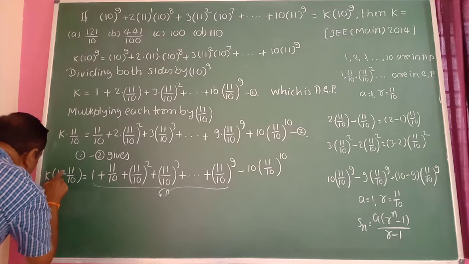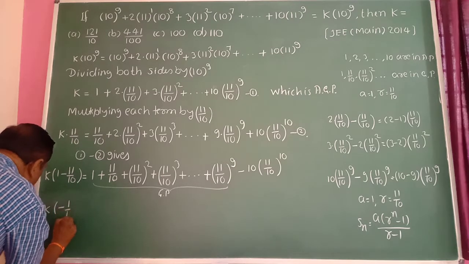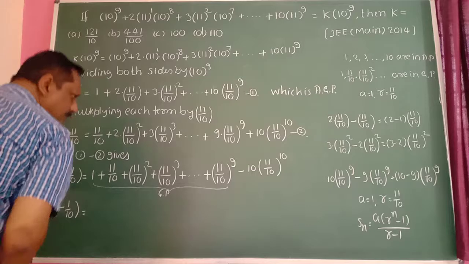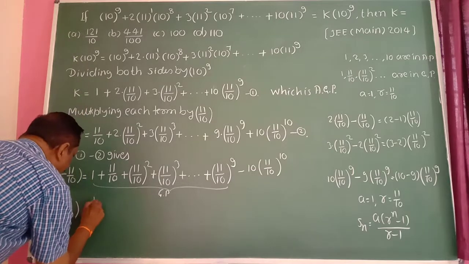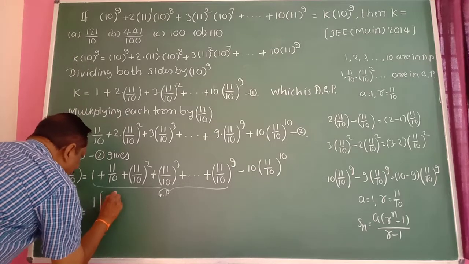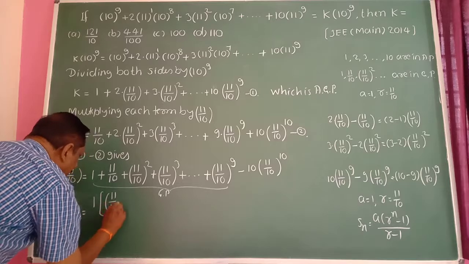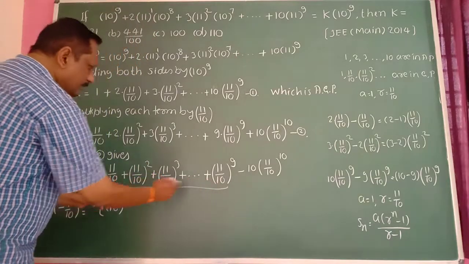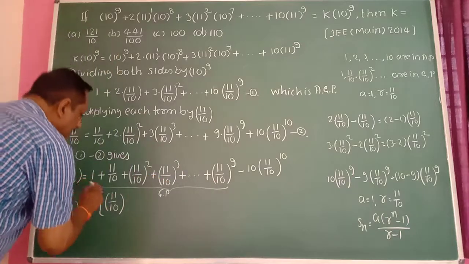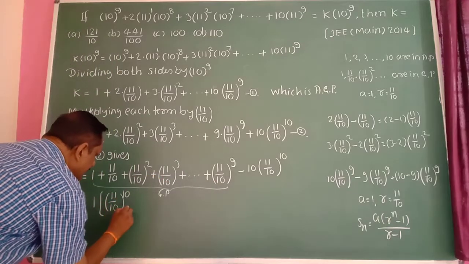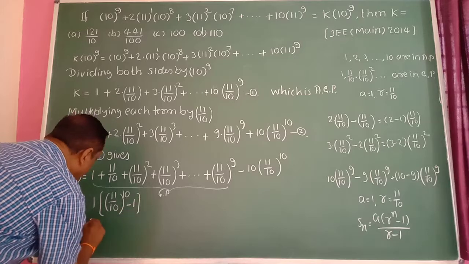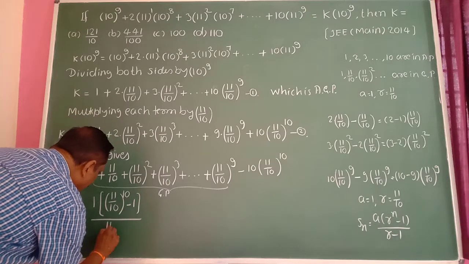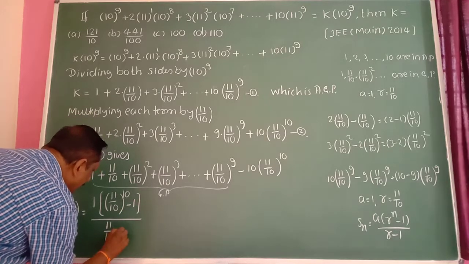10 ones are 10, 10 minus 11 is minus 1 here, minus 1 by 10 is equal to a value 1 here, so 1 into bracket (11 upon 10) raised to, in total these are 10 terms here. From here to here it is 9, and this is the first term 1 here. So in total there are 10 terms here, minus 1, divided by 11 upon 10 minus 1 here.